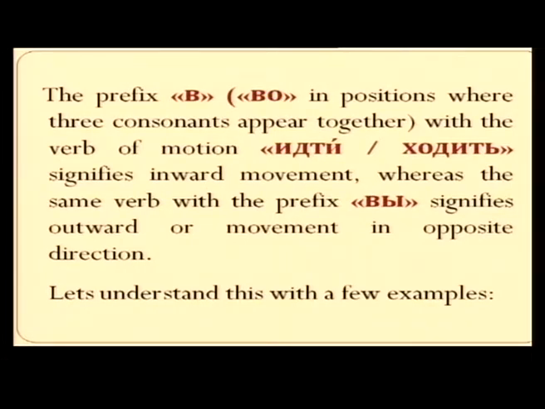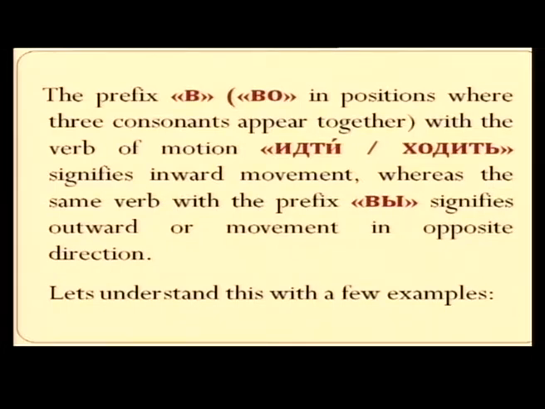So, you can also use these prefixes "v" and "vy". For example, for switching on the lights we use "включить свет", and for switching off the lights we use "выключить свет". Свет means light, as we use it in Russian.